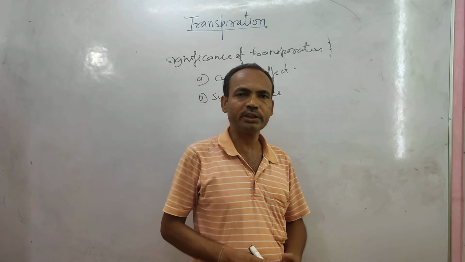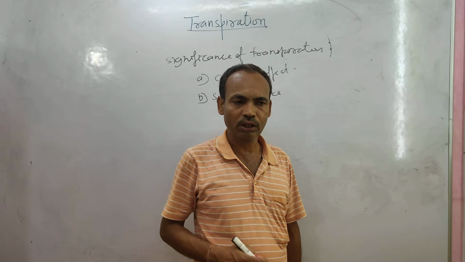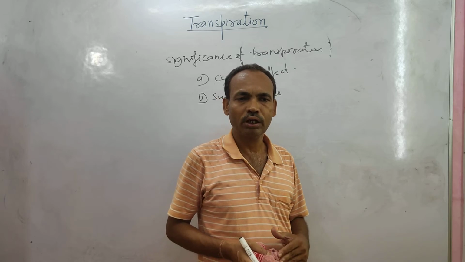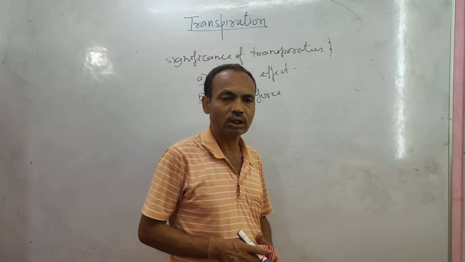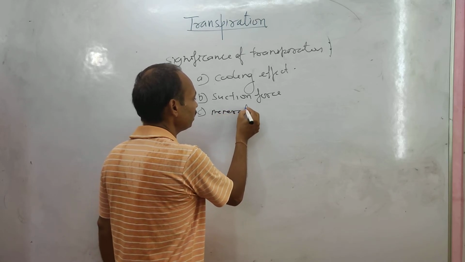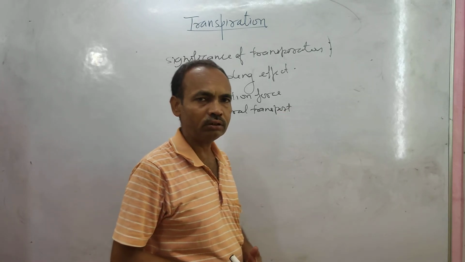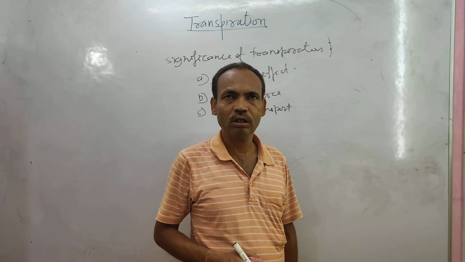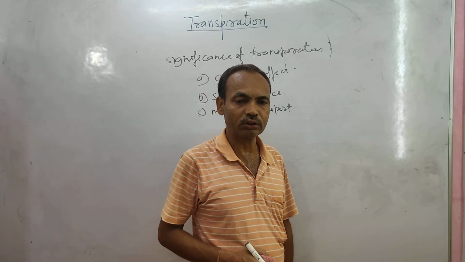Transpiration maintains the suction force by increasing the osmotic pressure in the leaf, and neighboring water drops come from root to leaf, which maintains the suction force. The third point is mineral transport. When suction is produced, then with the water, important minerals for the plant also go to the leaf. These are the importance of transpiration.